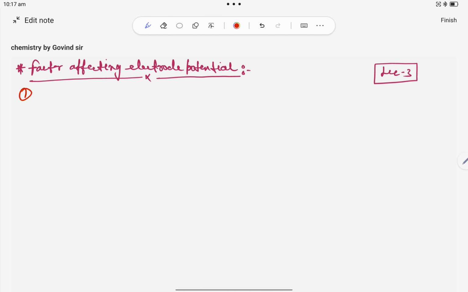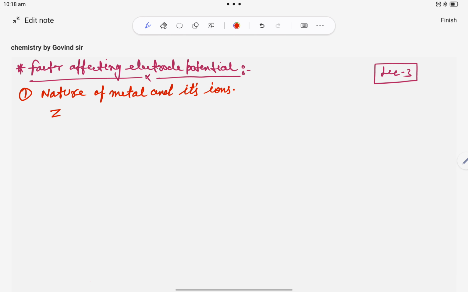So here the first point is the nature of metal and its ion. Electrode potential depends upon the nature of metal and its ion.